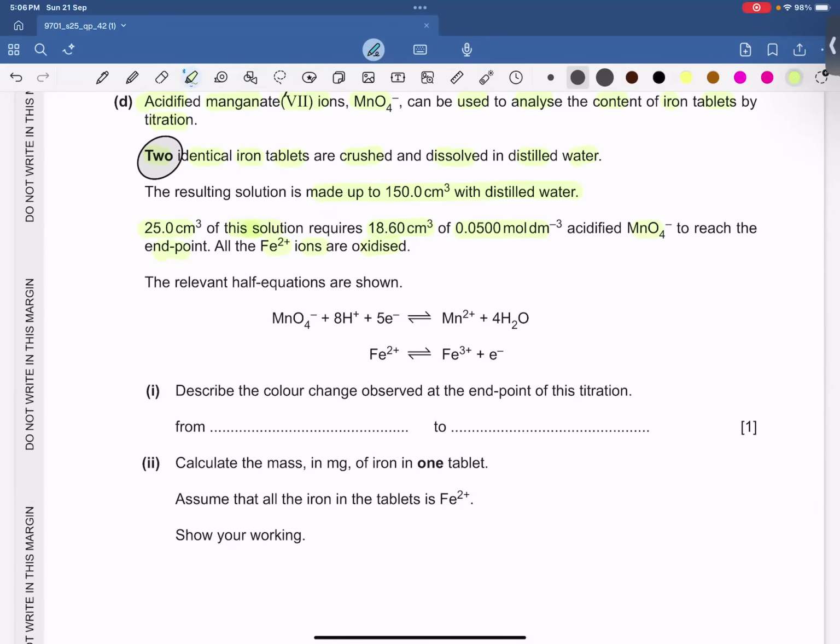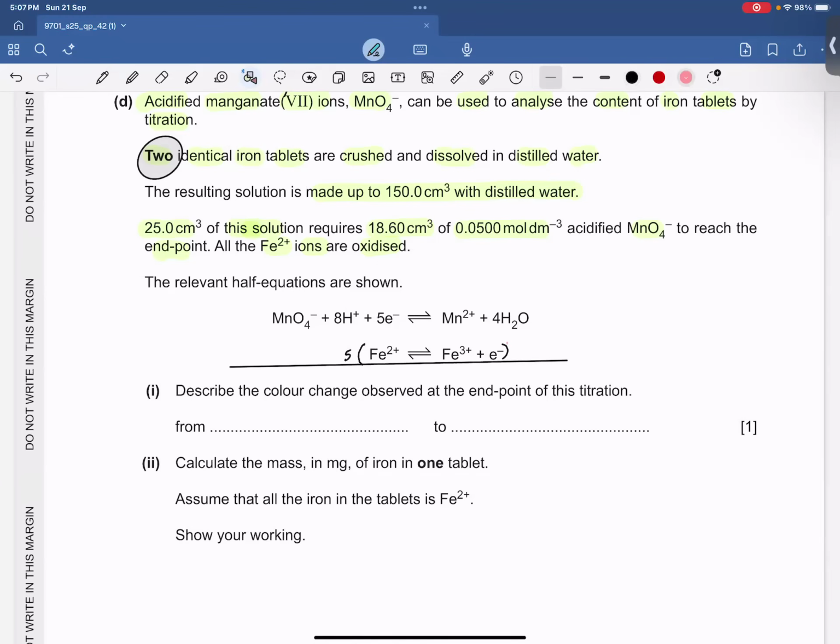The relevant half equations are shown, and we need to balance them. In order to balance this equation, I need to multiply this equation by 5 so that the number of electrons can be balanced.